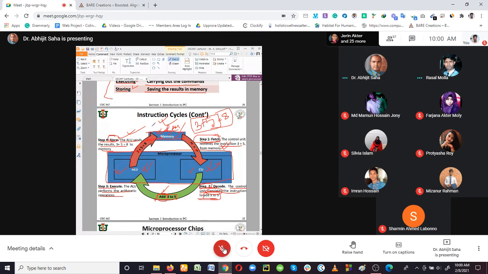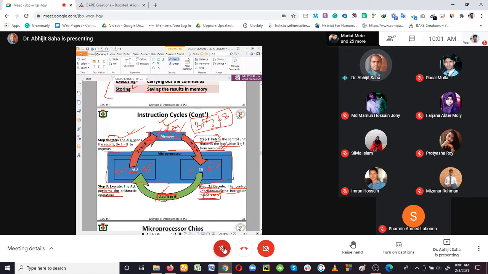Clear. Yeah, so make sure that these are the 4 steps. Always remember: fetch, decode, execute, and store. You should remember that the control unit fetches the instructions from the memory in the ASCII format. But the ALU does not understand the ASCII format, and that's why it needs to be translated into machine language, add 3 to 5 in this case.